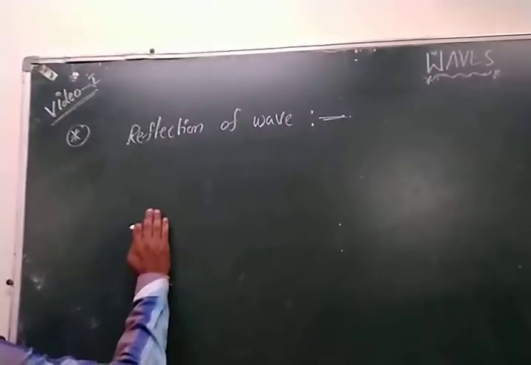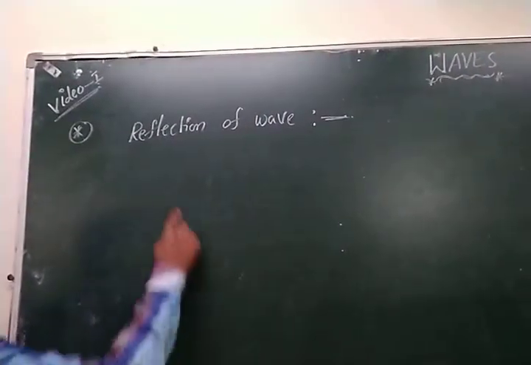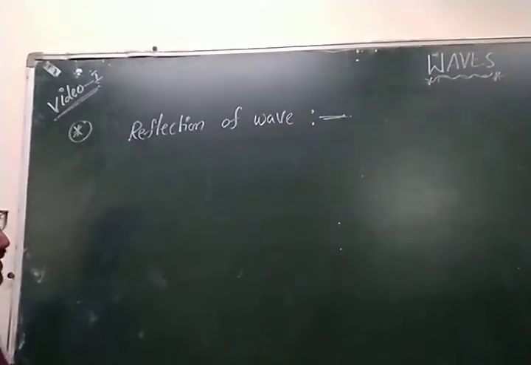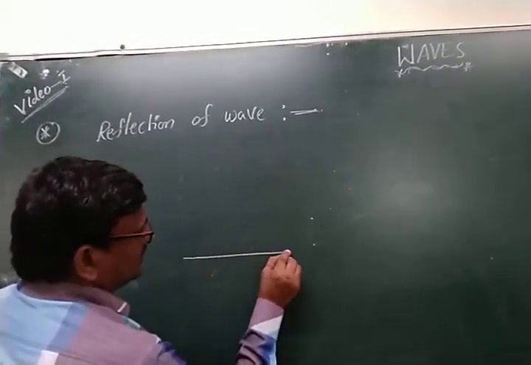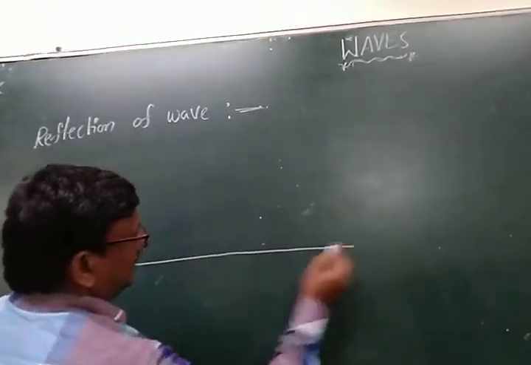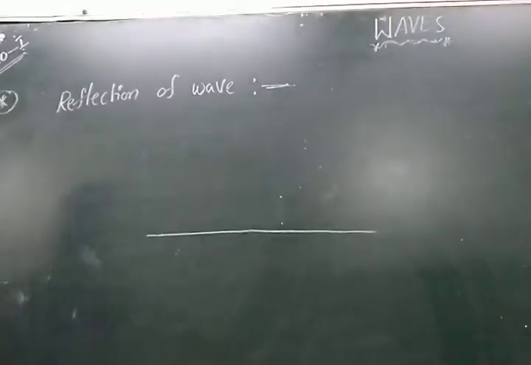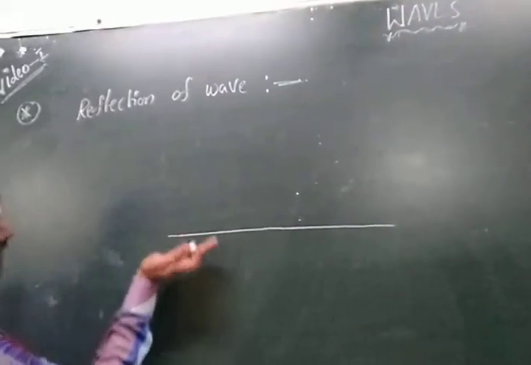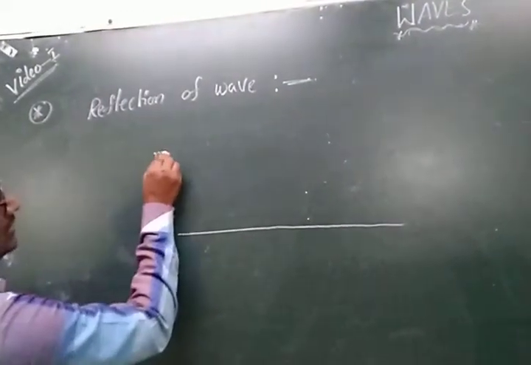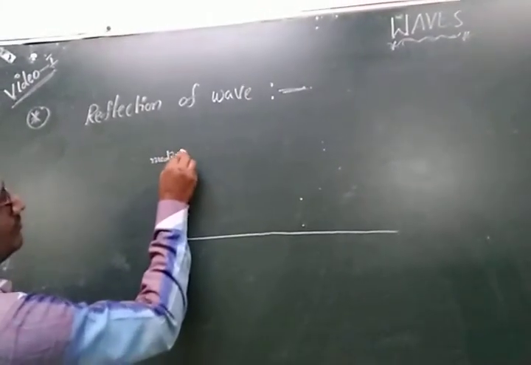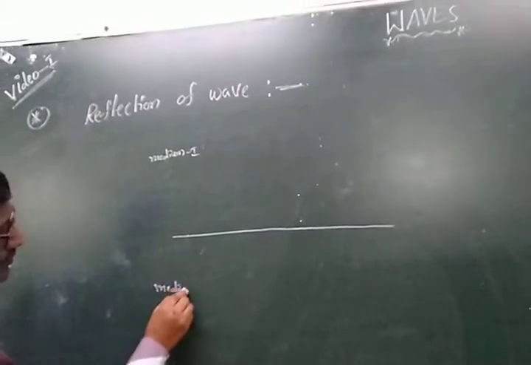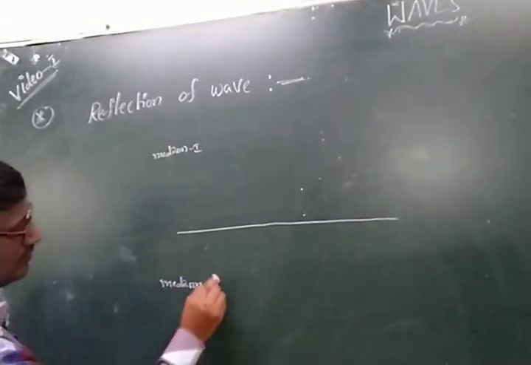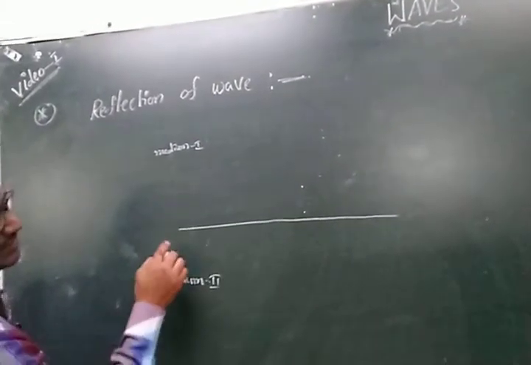The next topic we are discussing is the reflection of waves. Let us consider a plane boundary surface, which is the separation of two mediums. This is medium 1 and this is medium 2.